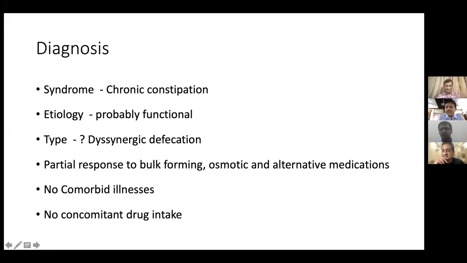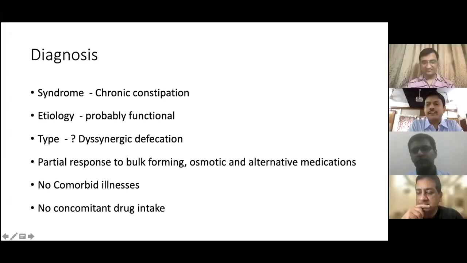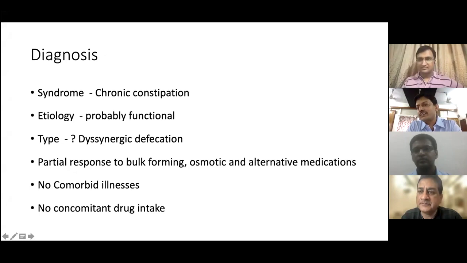So essentially, what we have discussed is that when you take a history for constipation, there are these parameters to ask about: straining, the urge, manual maneuvers, all that, and the bowel movements per week. When you are assessing response, you have to go back to the same things. Whatever problems the patient had at presentation in terms of stool frequency, consistency, digital maneuvers, straining, feeling of incomplete evacuation, those are the same parameters you assess when you are assessing the response.